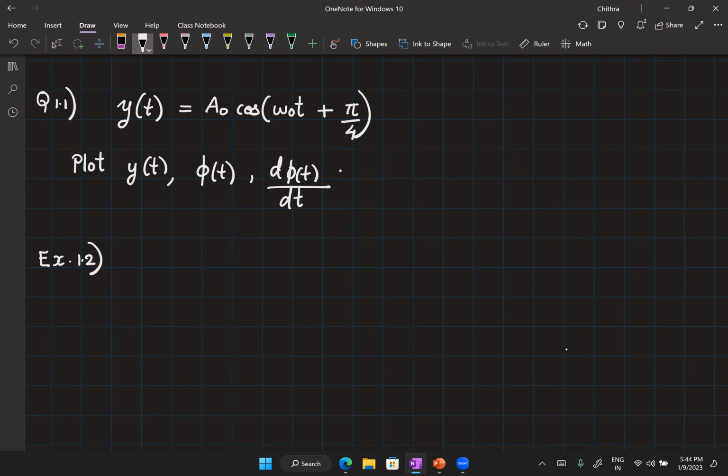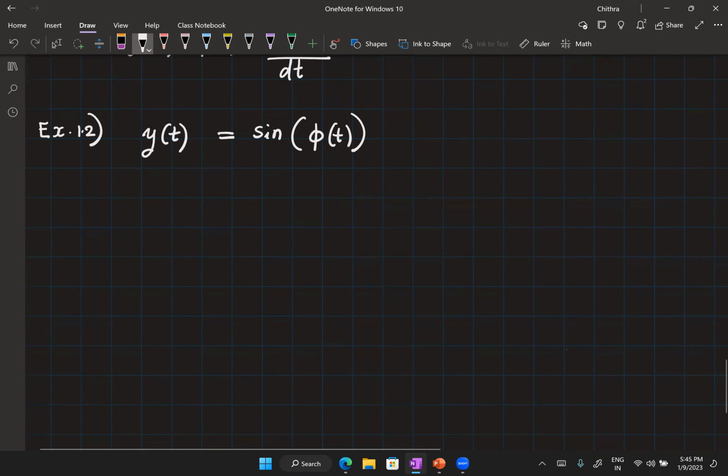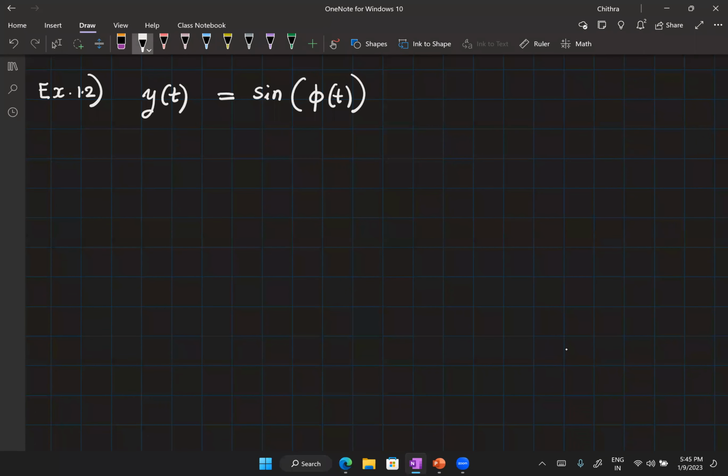Okay, so let's do one more exercise. Now I'm taking my y of t as some sinusoidal waveform with some total phase. Okay, and I'm going to give you how this total phase is going to look like. So this is with respect to time.